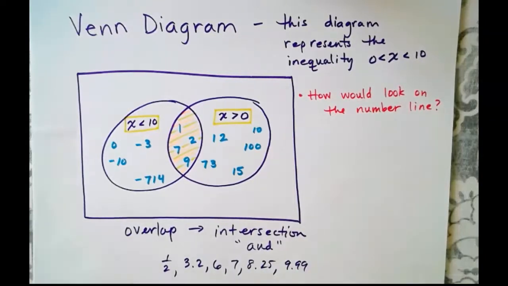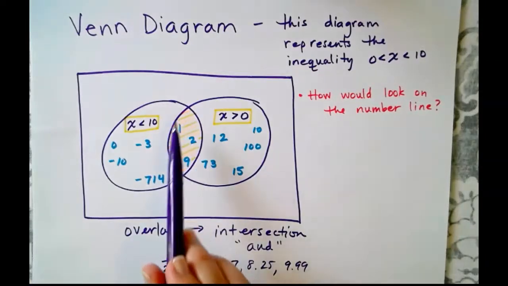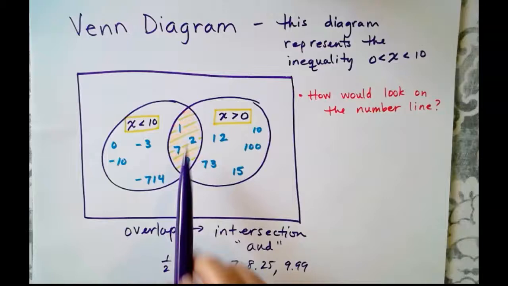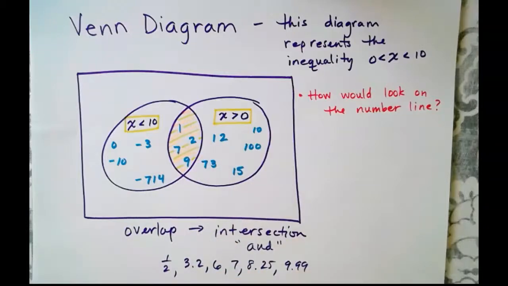So truly there are infinitely many numbers that could go in the overlap, but we're just showing a sample of them in the intersection of those two sets.